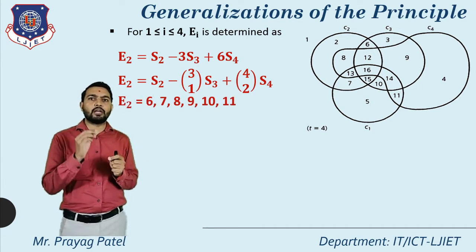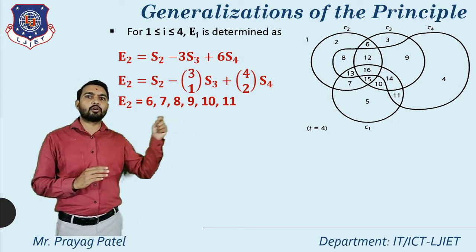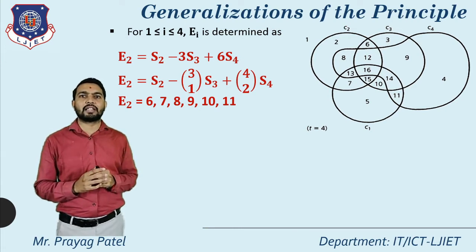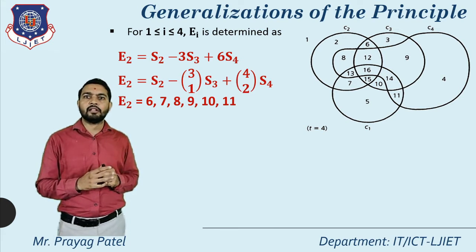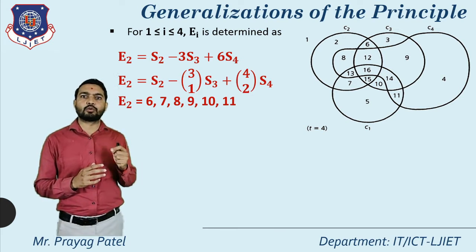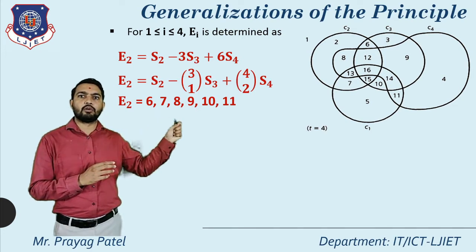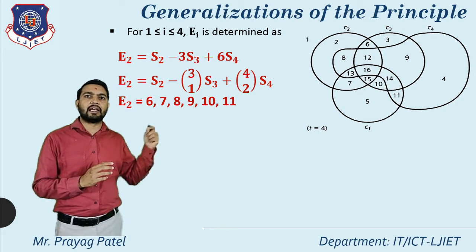E2 means exactly two conditions will be satisfied. So according to this figure, the regions that satisfy exactly two conditions are, first 6 between C2 and C3, then 7 between C2 and C1, then 8 between C2 and C4, then 9, then 10, then 11.